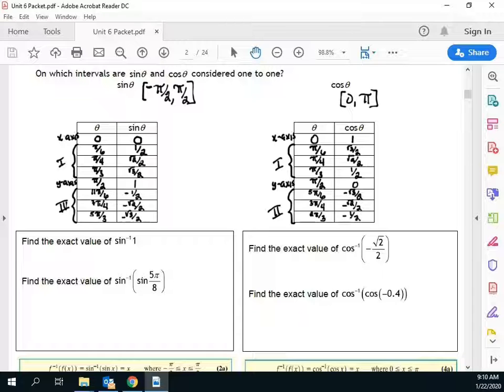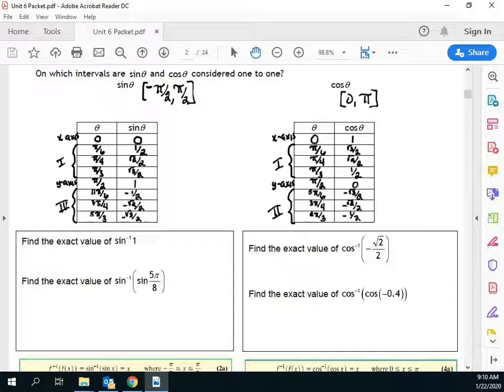So now it goes on to ask instructions like, find the exact value of the inverse sine of 1. So what you're going to do, like we just did on the test, is all of your x values are your y values and vice versa. So all we do now is, okay, inverse sine. Well, when you found this, you said the sine of pi over 2 is 1.